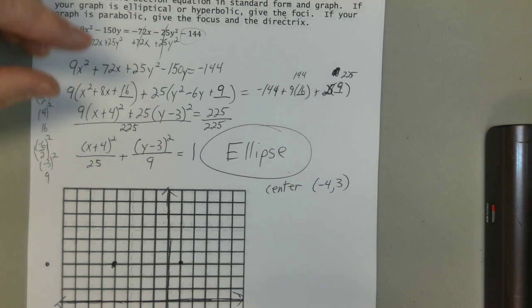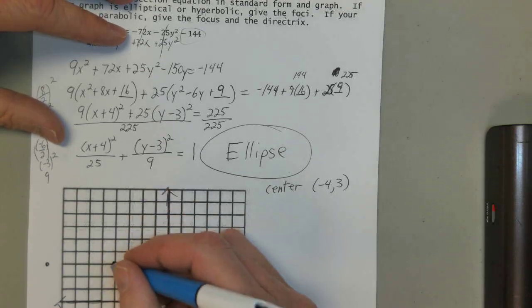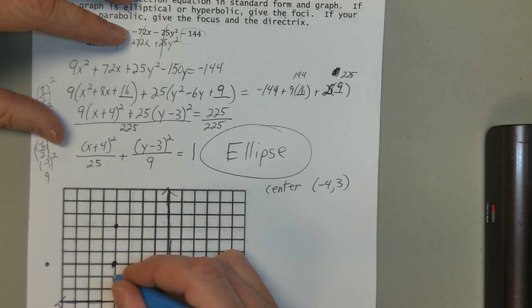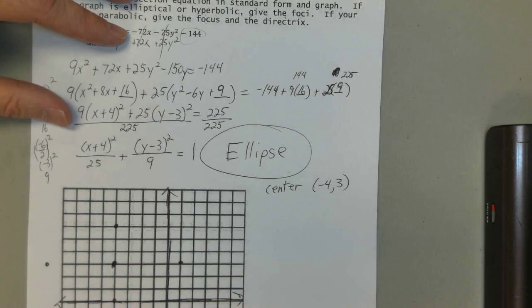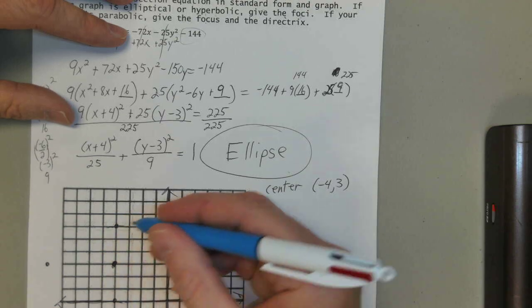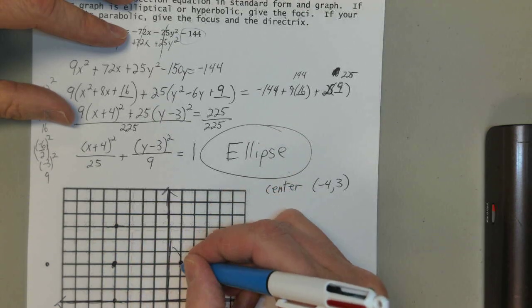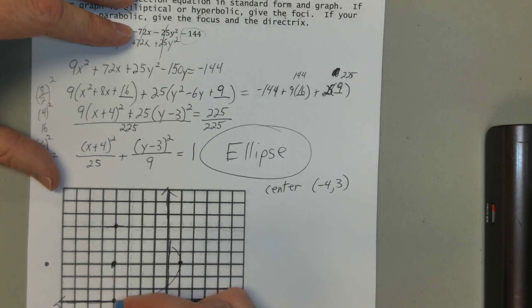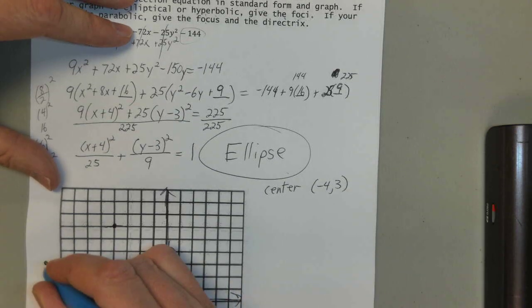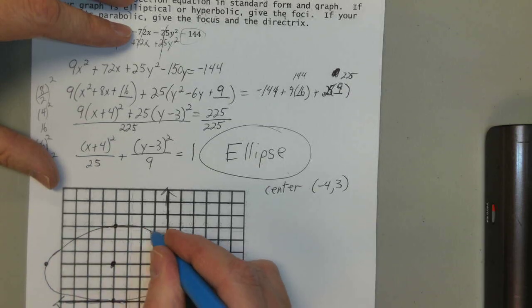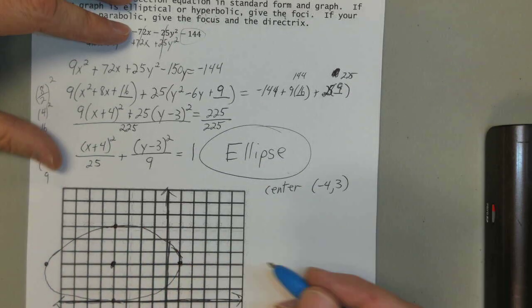There's the other vertex. I'm going to go 1, 2, 3 units up for a co-vertex. 1, 2, 3 down for a co-vertex. And then I'm going to try to draw a nice ellipse here.